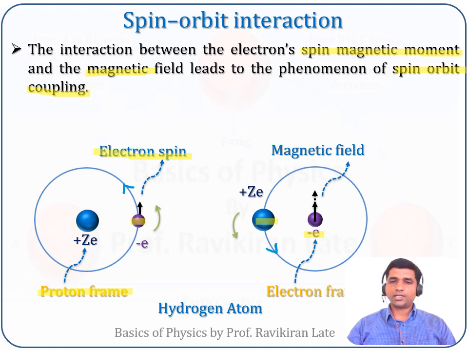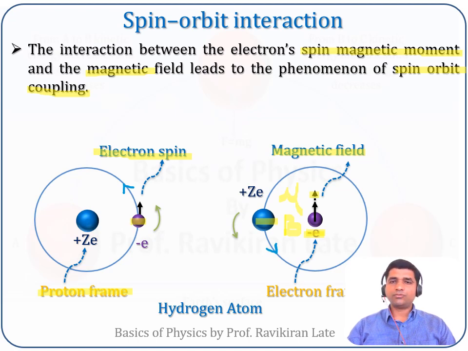So we know that any moving charged particle constitutes a current, and that current will give you some magnetic field. So that magnetic field, this electron which is situated at the center, will experience. So the intrinsic spin magnetic moment which we have considered, which is given by mu s, and the magnetic field, let us say it is B, which is experienced by this electron due to the orbital motion of the nucleus.